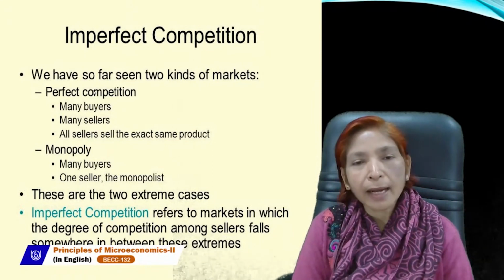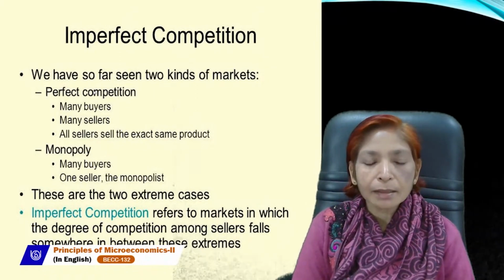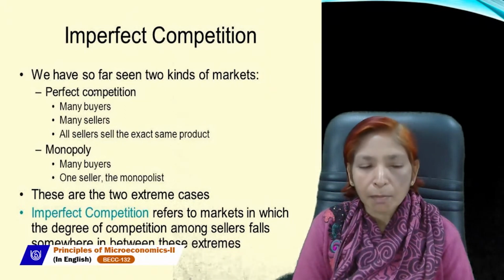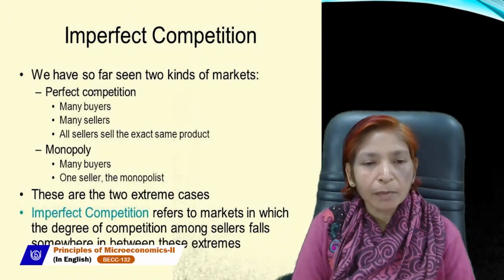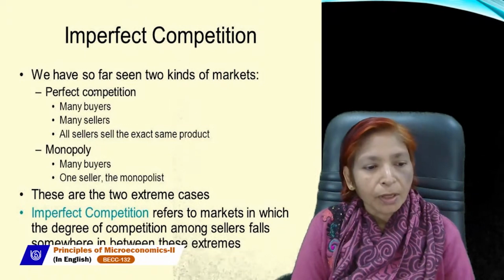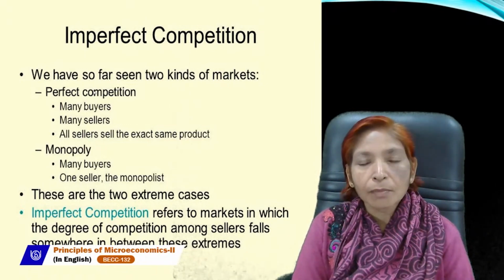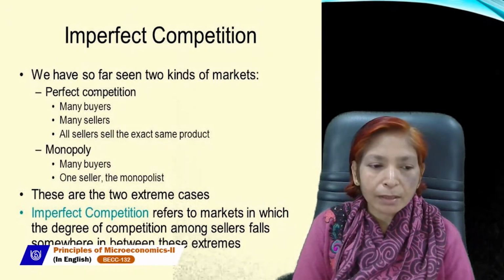Monopoly is a market in which only one seller exists, but buyers may be in large numbers. There is a difference between perfect competition and monopoly. Today we are discussing monopolistic or imperfect competition.